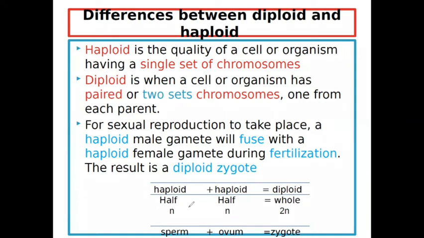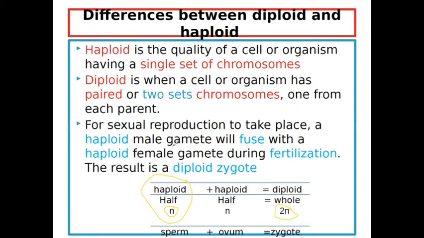Here is a haploid cell. Haploid is denoted by a small letter n, and diploid is denoted by 2n. Okay, so it's a statement again about sexual reproduction.